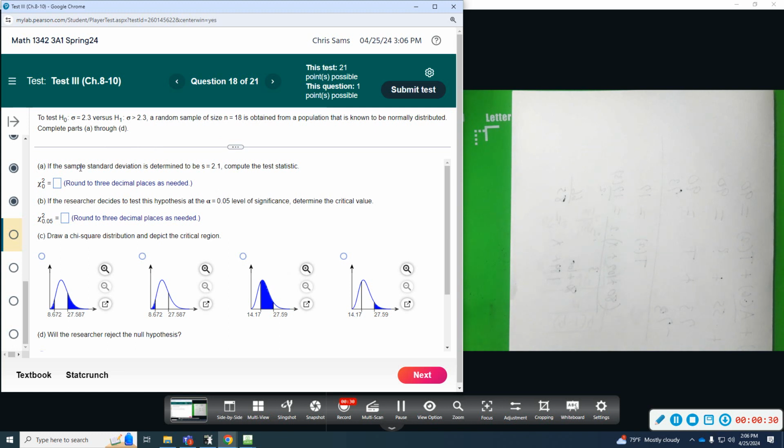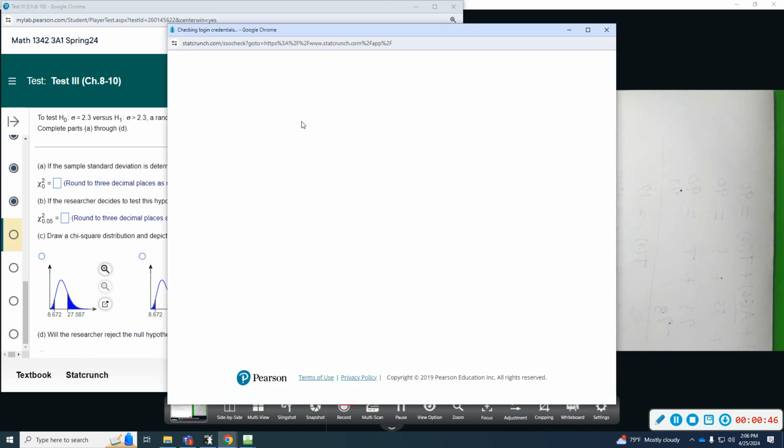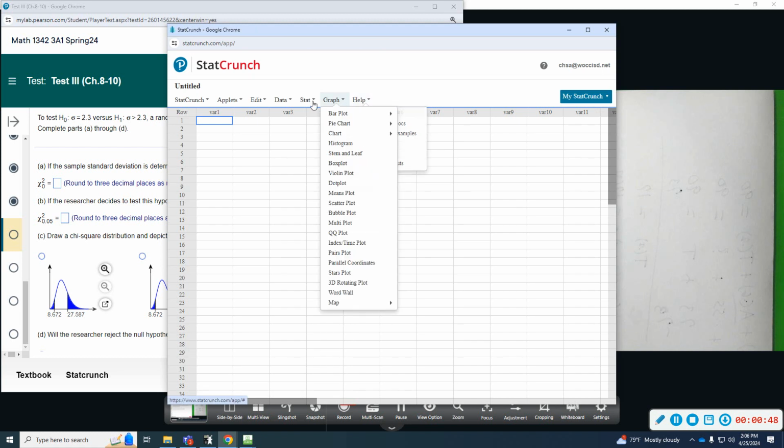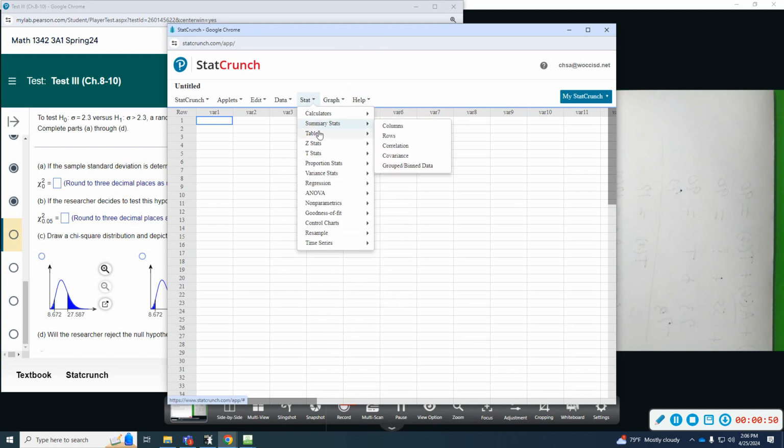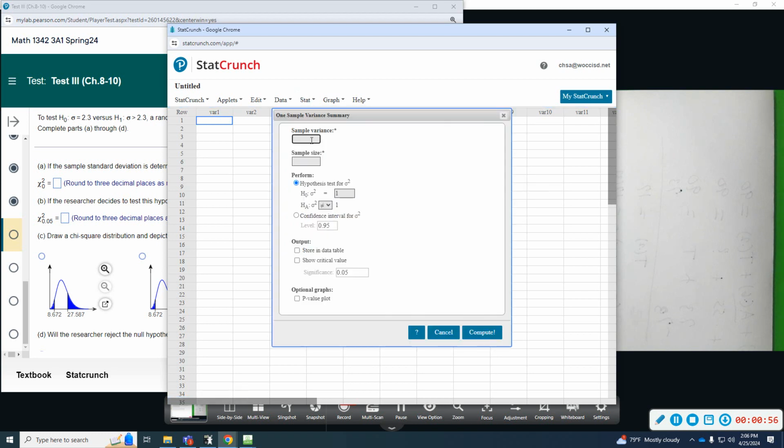So if the sample standard deviation is determined to be 2.1, we're going to compute the test statistic. Of course, we can use the chart and everything, but we'll go ahead and use StatCrunch. So this is going to be the variance test, sample variance.